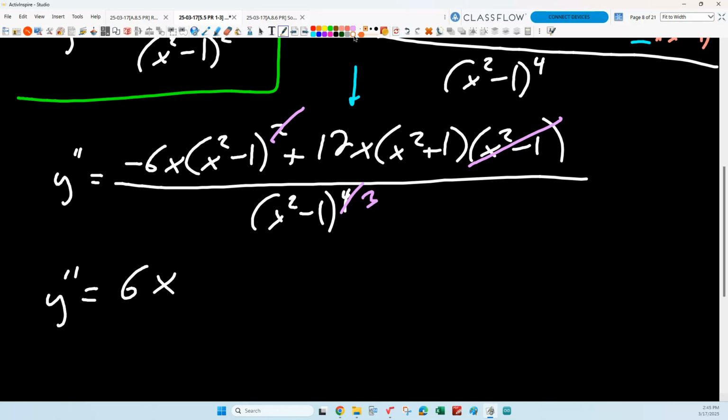We're going to get 6x, and that's going to leave us with negative the quantity x squared plus 1 plus 2 times x squared plus 1. Oh, that's supposed to be minus 1. Whoops. Right, because we had one of those left over. And then here we've got a 2 and then this guy.